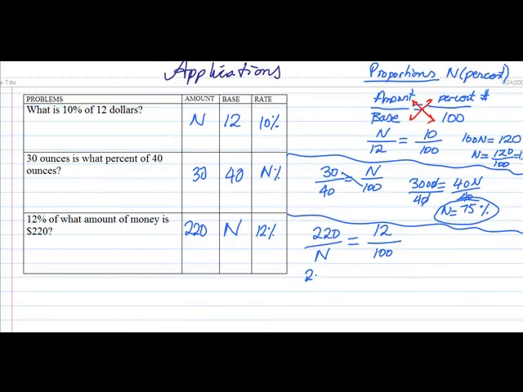Crisscross, 2.20 times 100 equals 12N. To solve for N, divide both sides by 12. When you do the math, you'll get 18.33. But as you see, regardless of the procedure, you'll get the same answer.